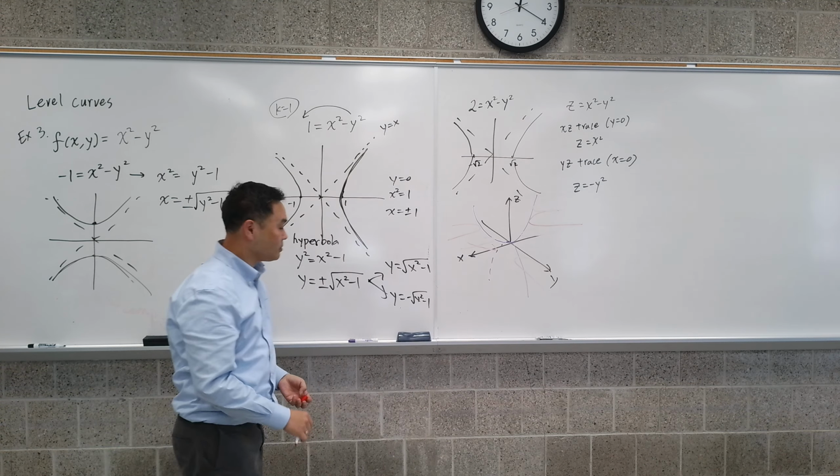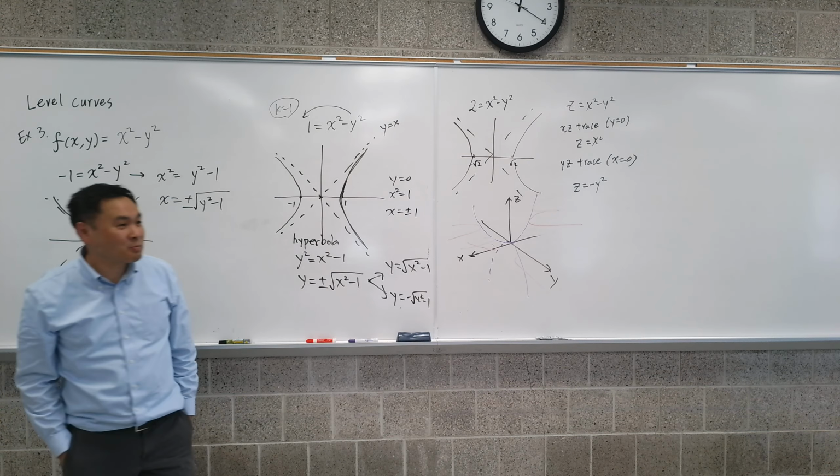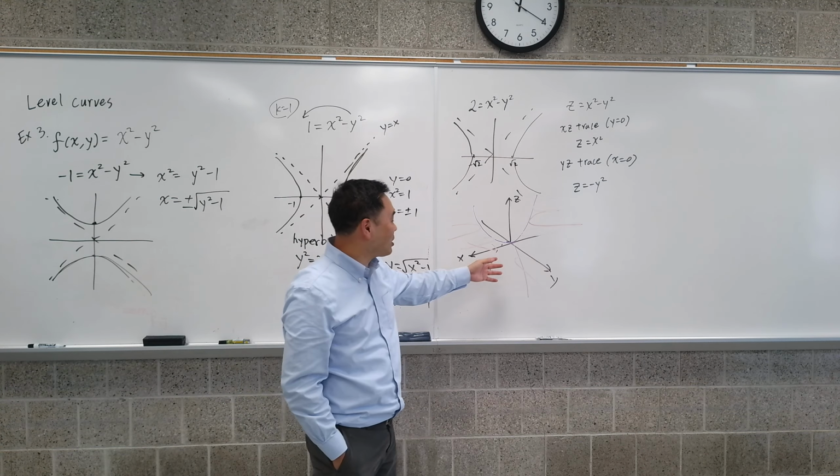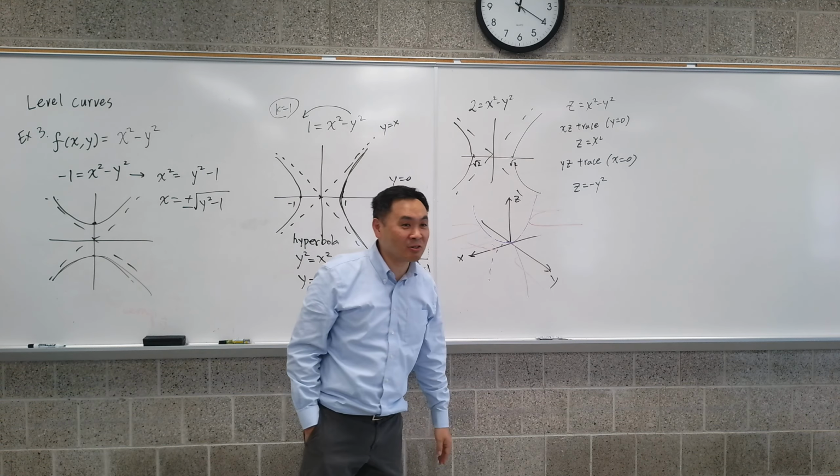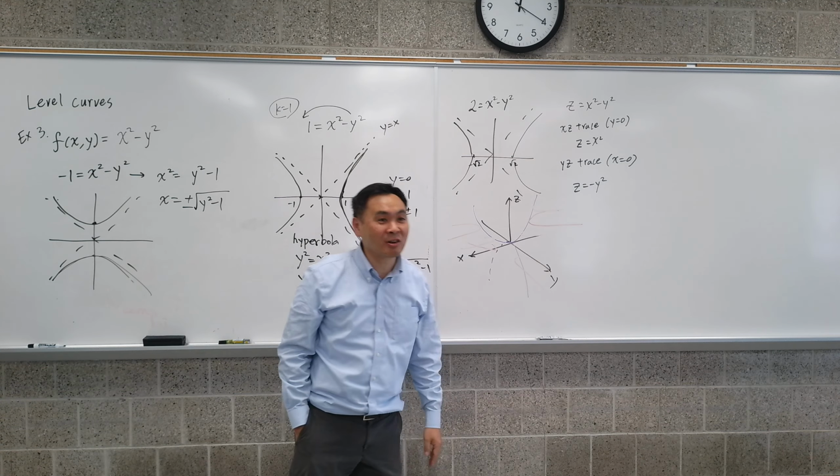All right, so that's still challenging to imagine, but we do have a nice shape that mimics this, which is Pringles. You know, Pringles potato chip. It's like that, right? That's what this shape is. Another way to say it is it's a saddle.